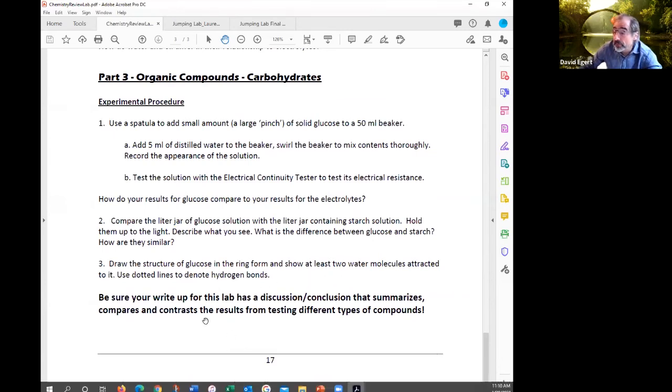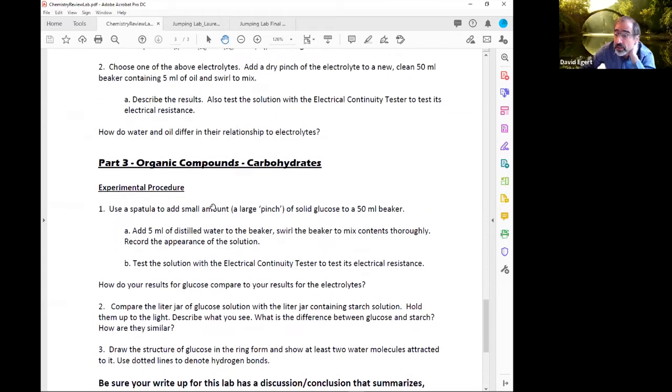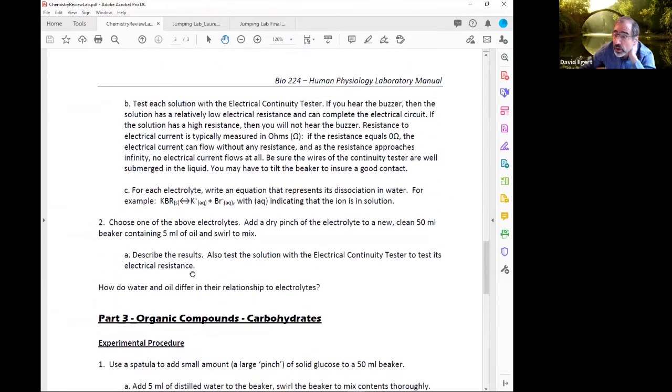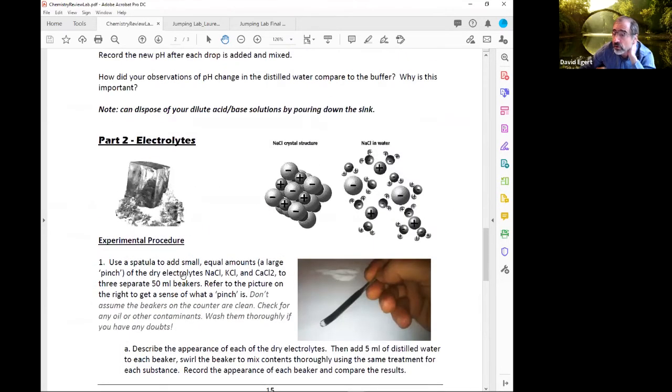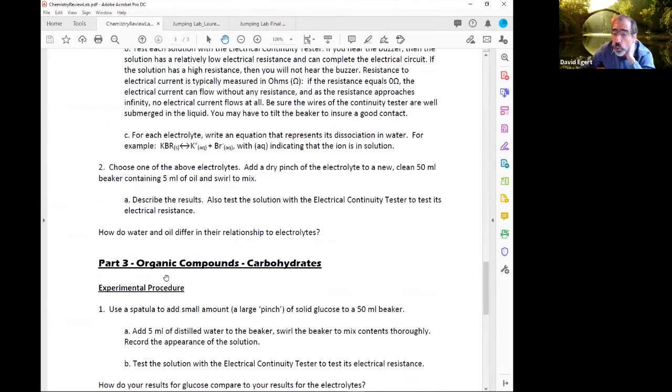And then it says, be sure your write-up for this has a discussion and conclusion that summarizes, compares, and contrasts the results from testing different types of compounds. Like in your discussion, you're definitely going to want to be comparing how the sugars and the salts were similar and different, and why.